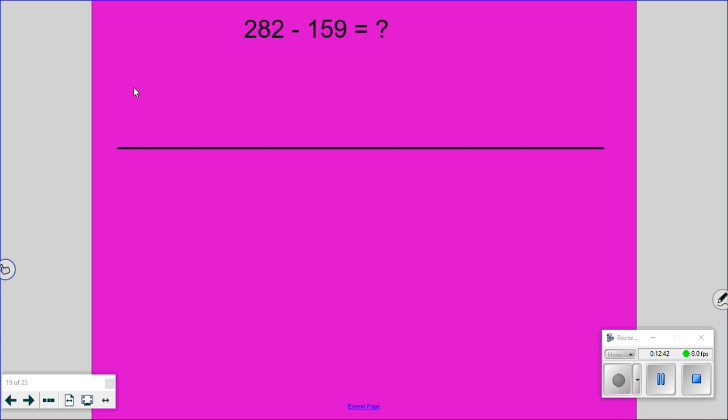I'm going to say it again for those of you who couldn't hear Ava. She said the distance between 282 to 159. Colby, how do I read this in English? Ava said it and I said it. Were you listening? Who was listening that could tell Colby?